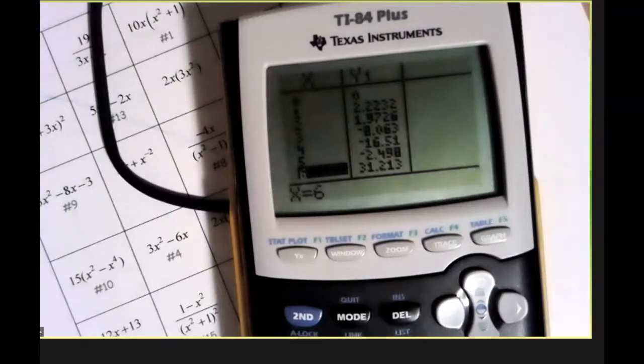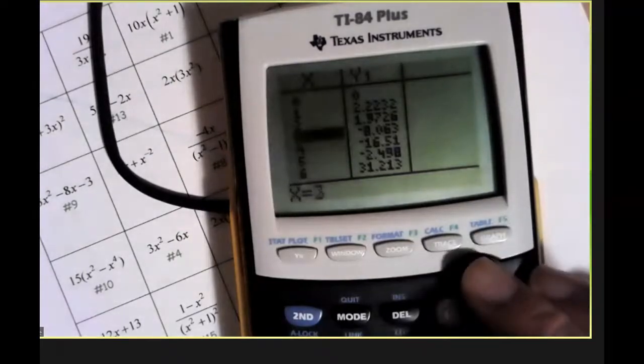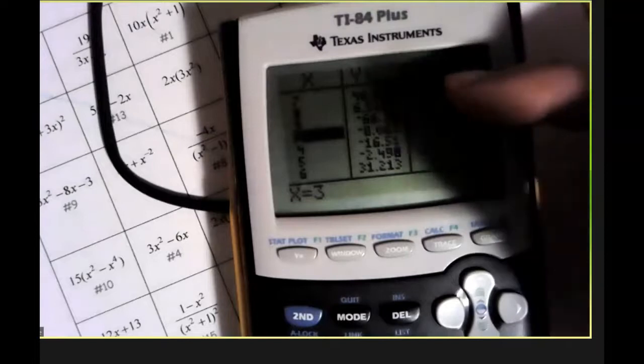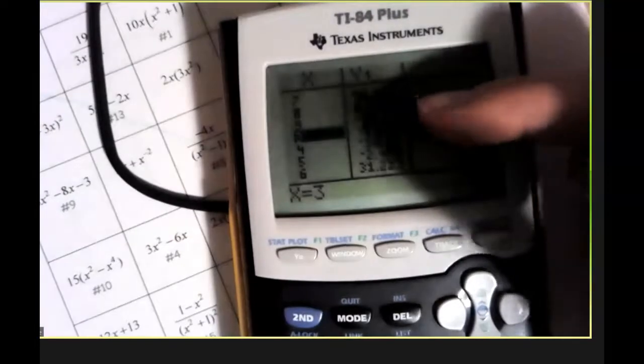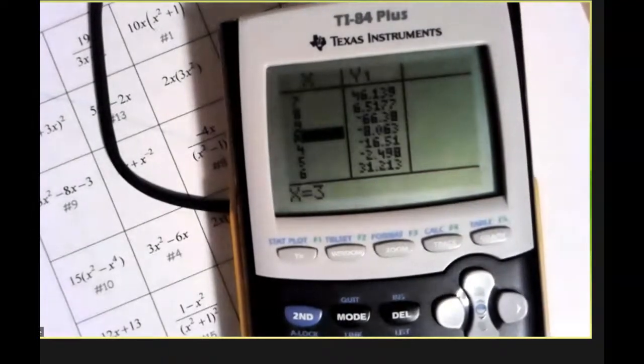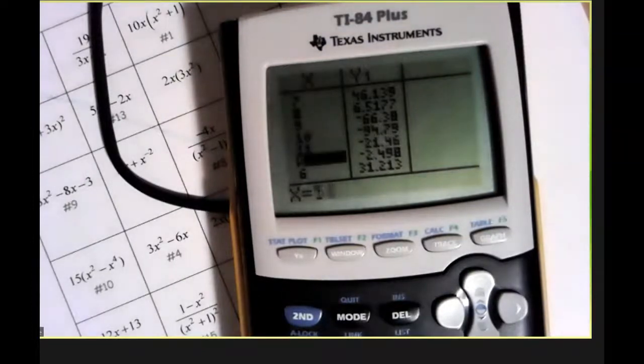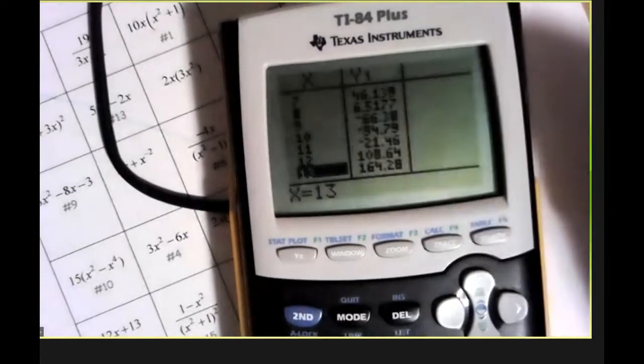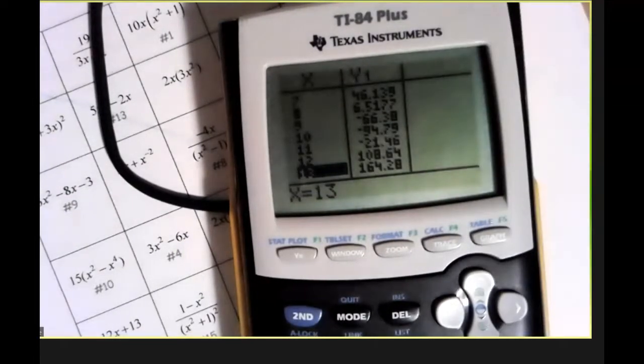So we could see how that pattern would continue to repeat over and over. If I go 7, 8, 9, we can see that there is an intercept between 8 and 9. Then you see that there's another one between 11 and 12, etc.